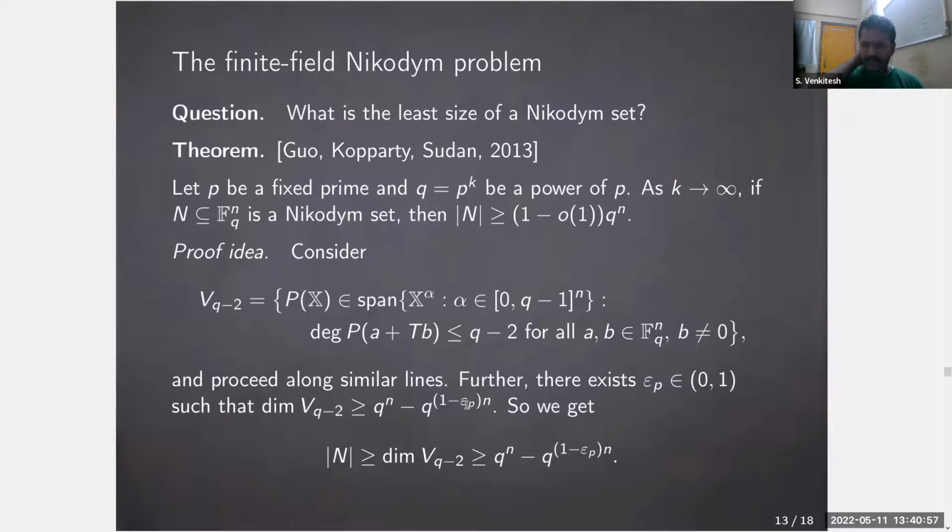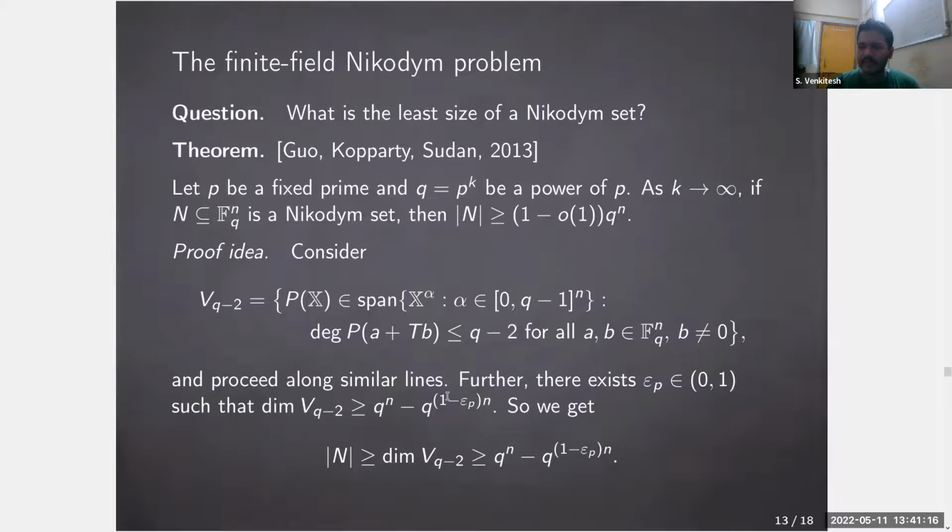And this epsilon is inverse in p. It's a complicated expression which is further lower bounded by q to the n minus q to the 1 minus epsilon times n. But the computation is fairly intuitive.